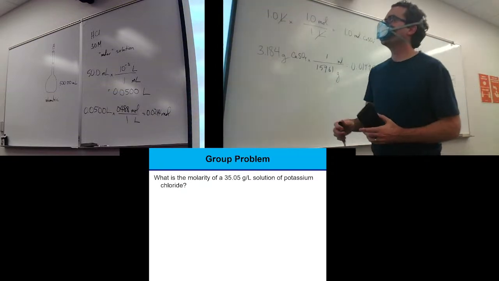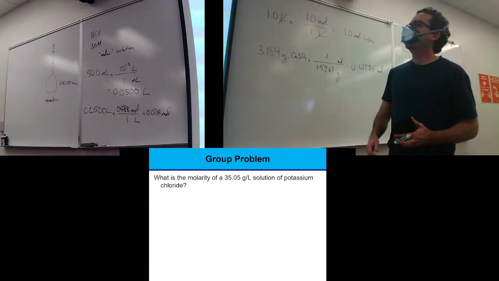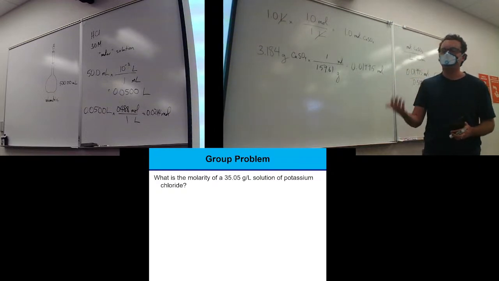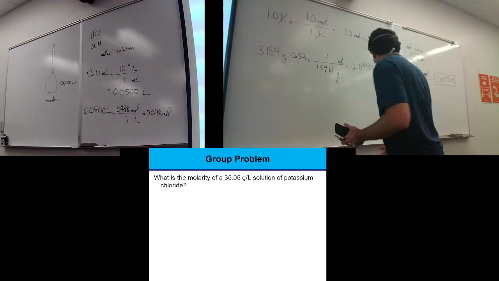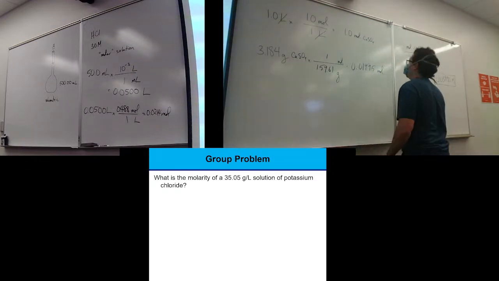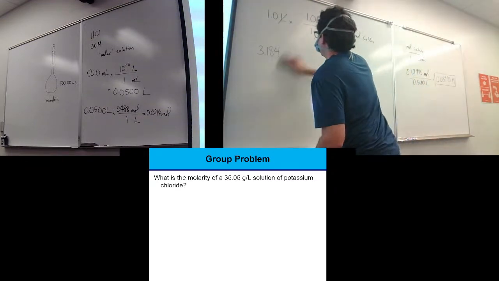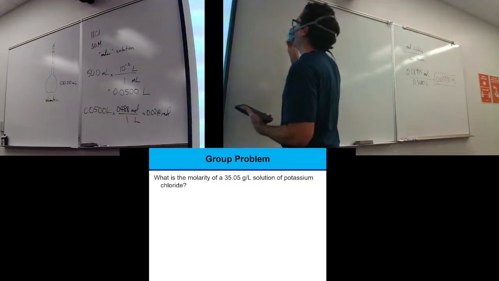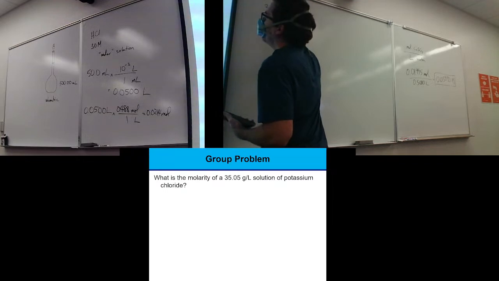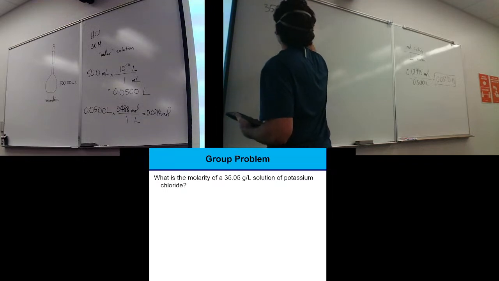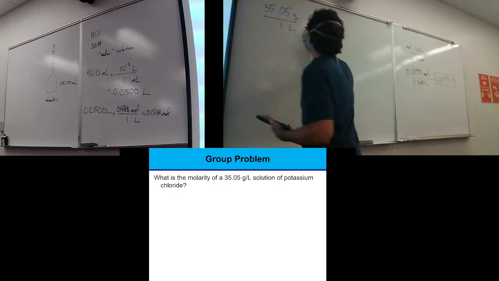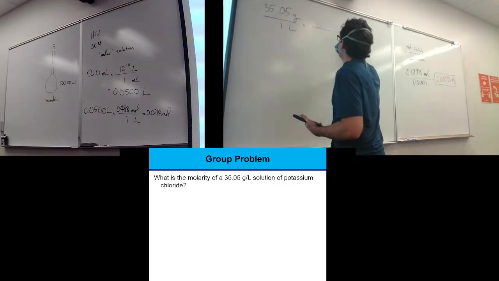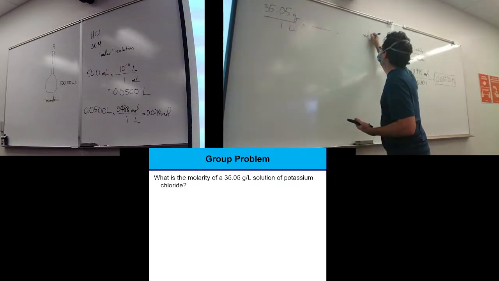So what is the molarity of a solution that is 35.05 grams per liter? This looks harder than it is, or maybe it doesn't look hard. Hopefully it doesn't. If I've got 35.05 grams per 1 liter, all I want to do is convert that grams to moles.